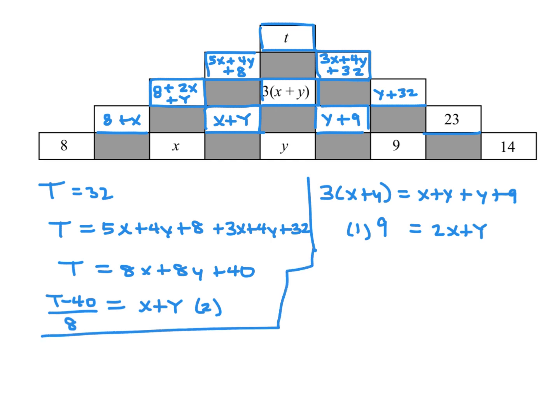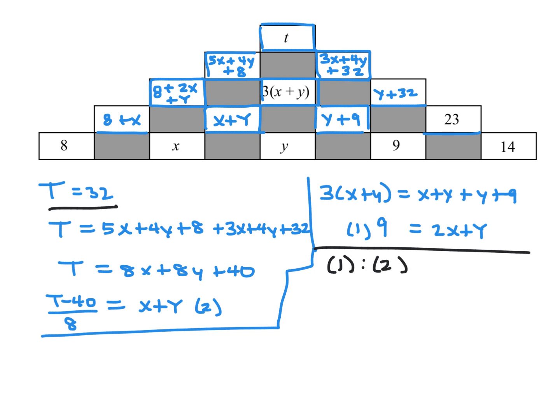Okay, now where do I go from here? I have 3 variables and only 2 equations. That's the problem. Actually, no, I don't have 3 variables because t is 32. So I only have 2 variables. Okay, I got it. So let's do equation 1 minus equation 2.